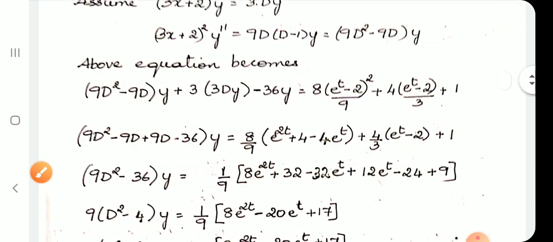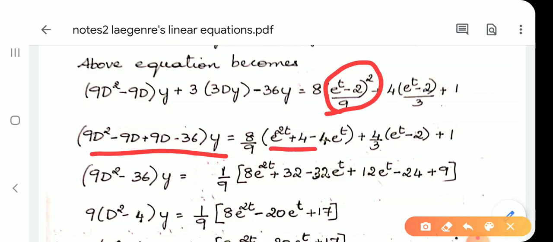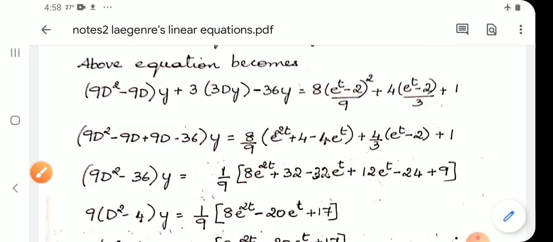Simplifying the left hand side, take y common outside: (9D² − 9D + 9D − 36)y = 1/9 [8(e^t − 2)² + 12(e^t − 2) + 9]. Expanding, it is of the form (a − b)²: a² becomes e^(2t), b² becomes 4, and −2ab becomes −4e^t, plus 4/3 (e^t − 2) plus 1.